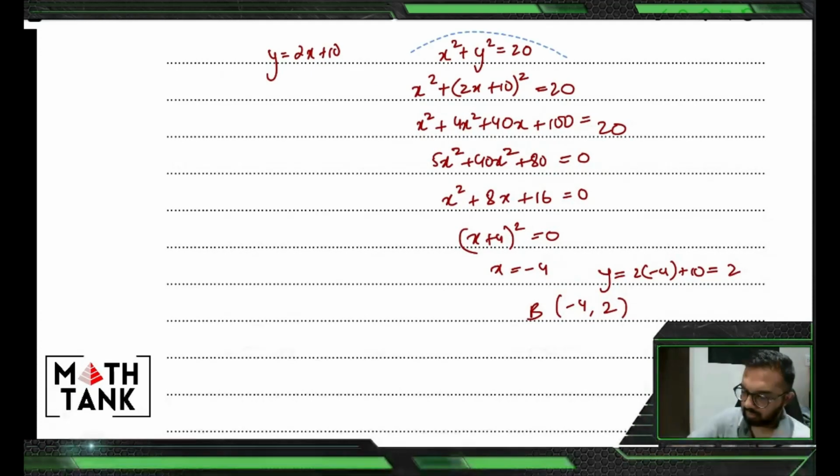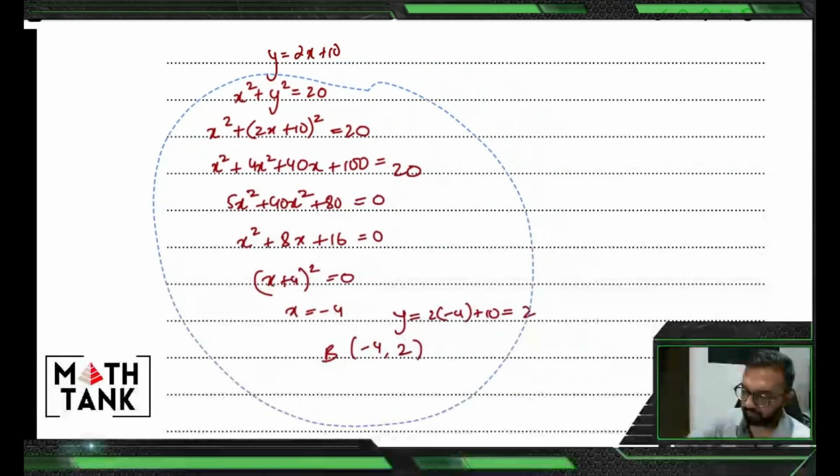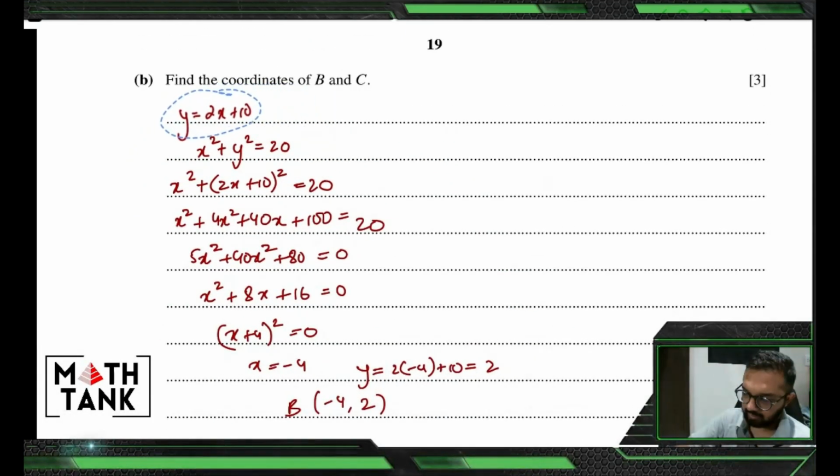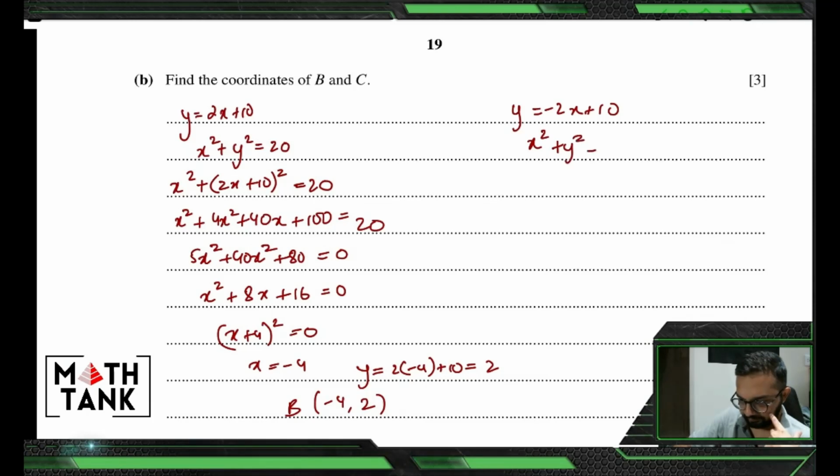Similarly, I could solve for the coordinates of C. The only difference that I see emerging is that it's going to be the entirely same calculation, just with x squared, 5x squared, it's 40x minus 40x plus 80.